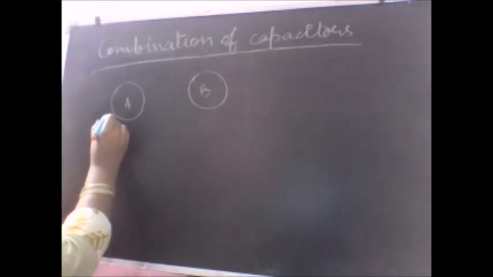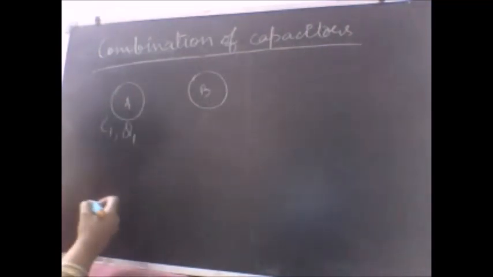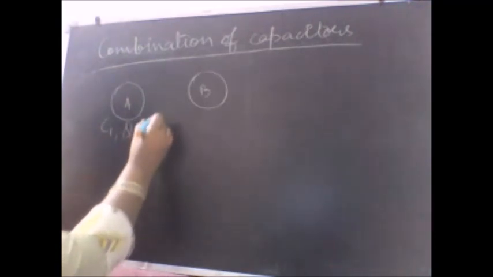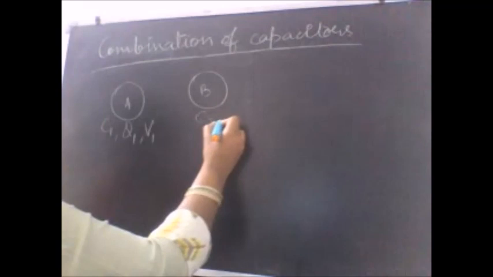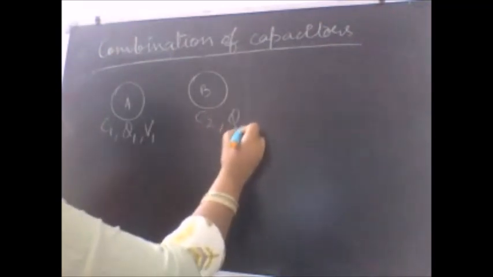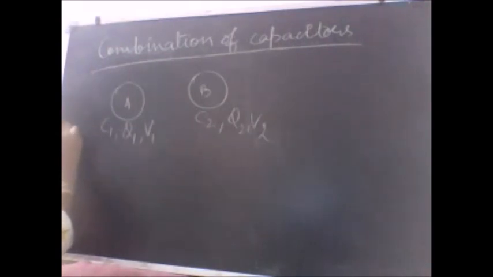So assuming that capacitance is C1, initial charge here is Q1, and the potential initial is V1. For this, let us take the parameters as C2, Q2 and V2. These are the initial parameters.